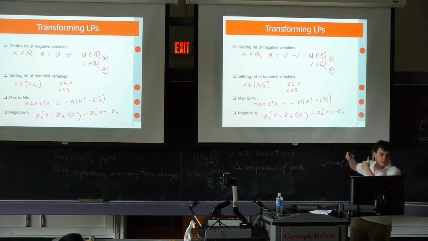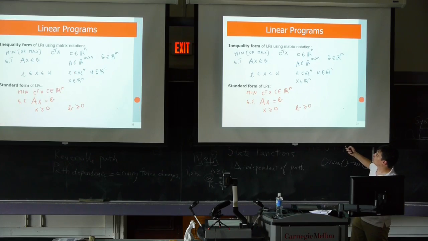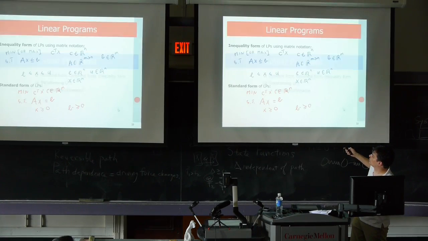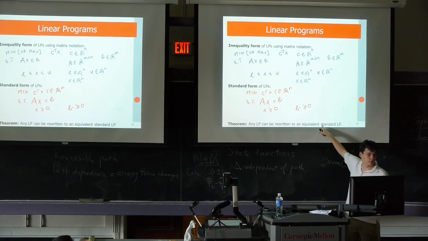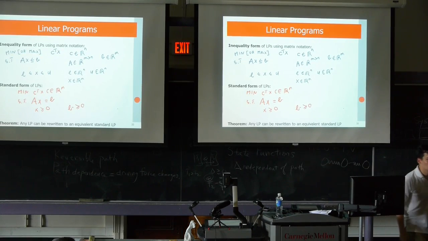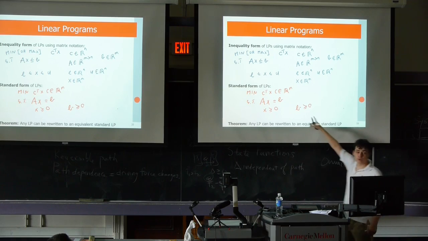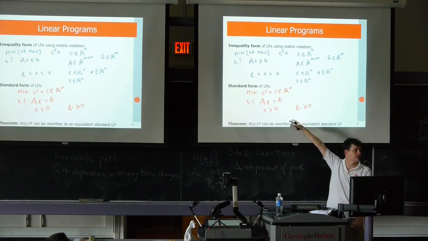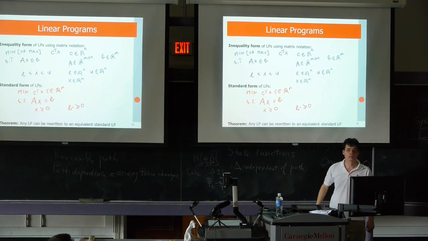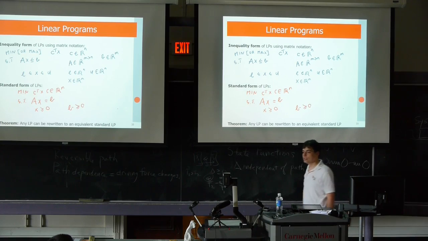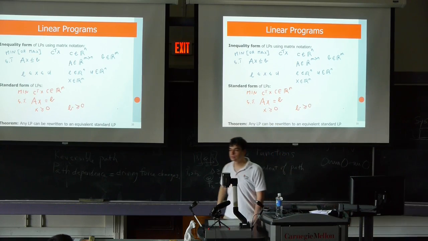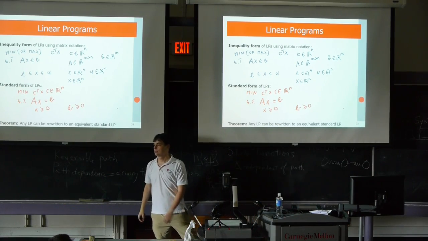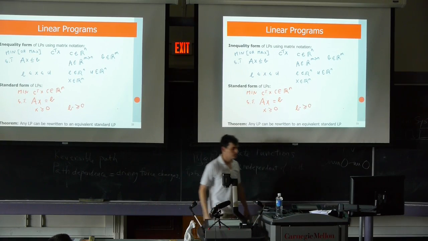Okay, so if you just use these steps, then that proves this. So the lesson is that from now on, we will focus on these kinds of problems. Is it okay? You are not saying I was cheating because we didn't consider all linear problems. So this is an important step. Are you happy with this? Good.